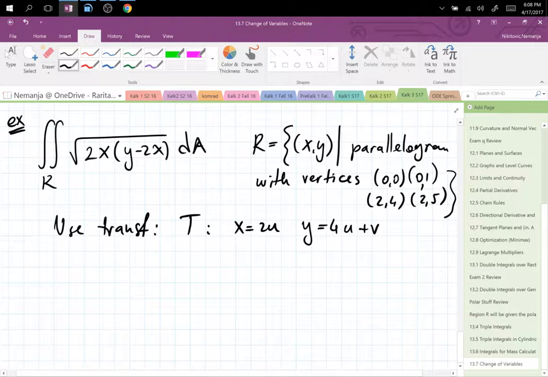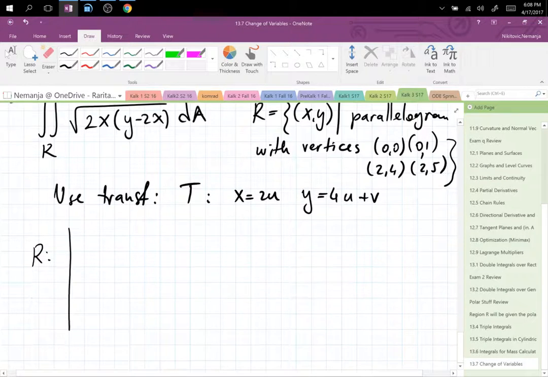So I'm going to draw region R first. I have 0, 0, 0, 1, 2, 4, and 2, 5. So this is region R.